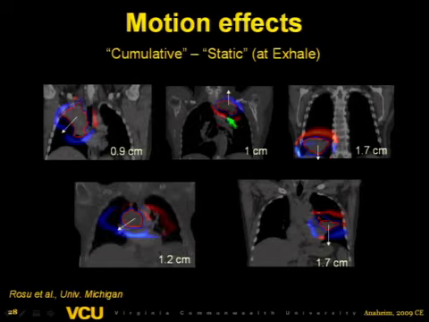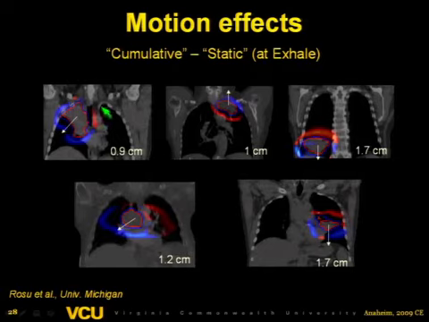It is important to mention that the static dose calculation was performed on the exhale dataset because perhaps this is a worst case scenario. You can imagine that if the reference dataset is chosen to be something else between exhale and inhale, then the magnitude of the differences that we see between a 4D dose computation and the static dose computation are likely to be smaller.